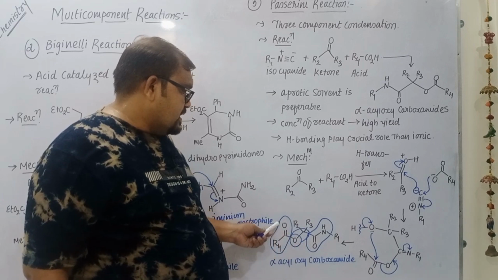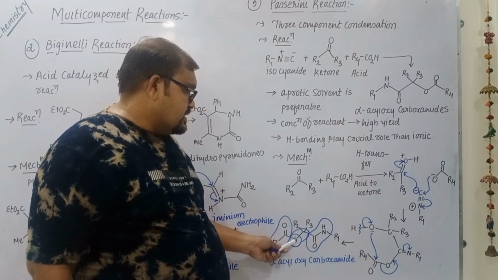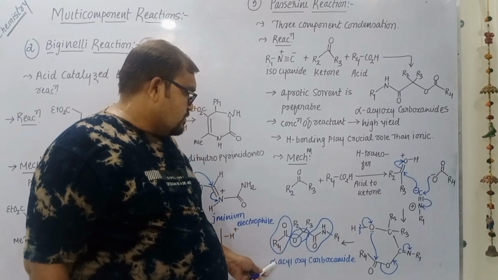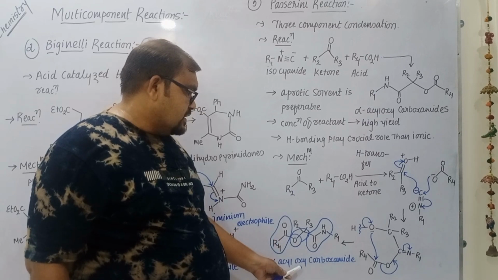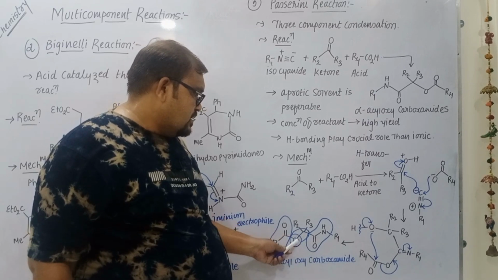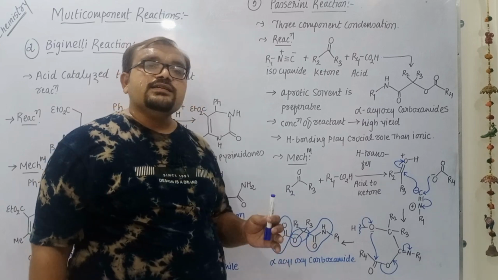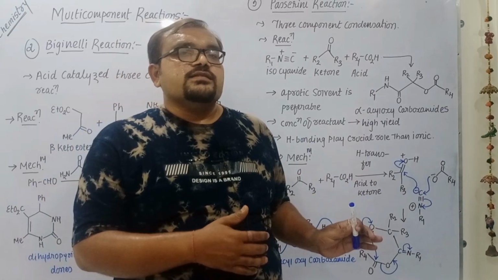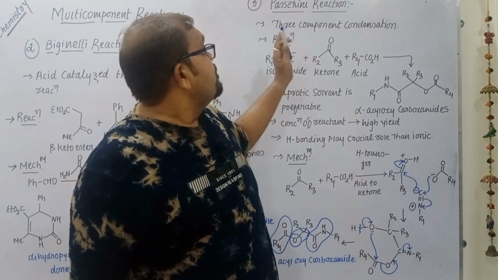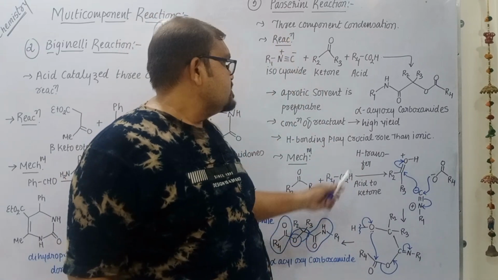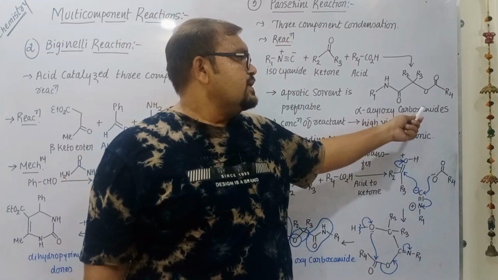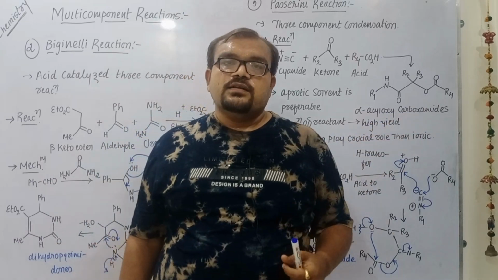Then this one is acyl, this is oxy. So alpha acyl oxy carboxamide, right? In this way, this product of the Passerini reaction is known as the alpha acyloxy carboxamide product.